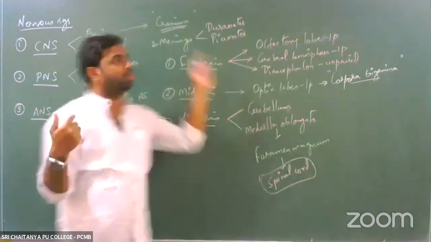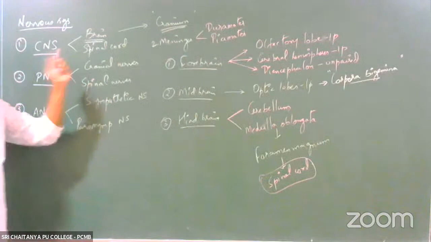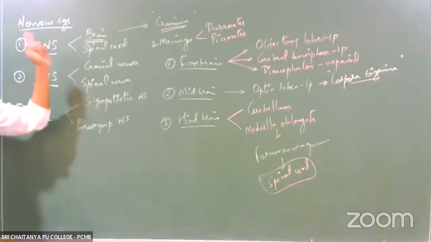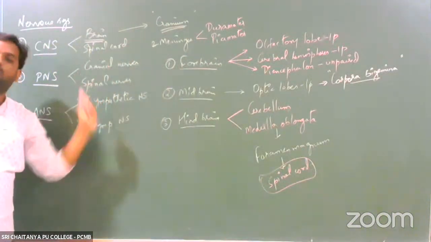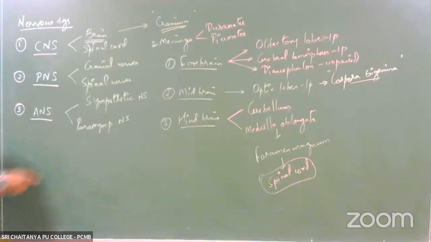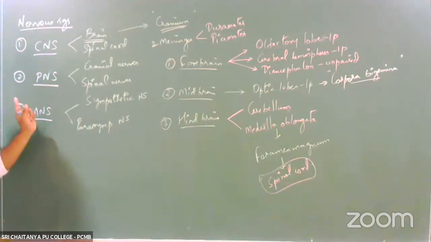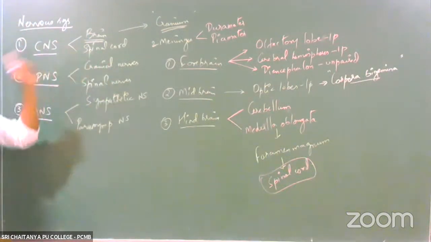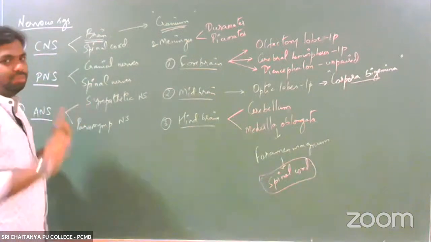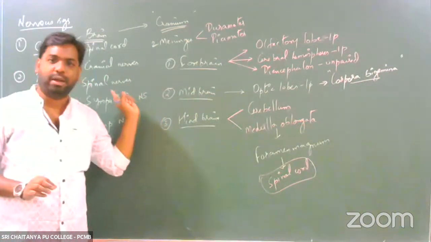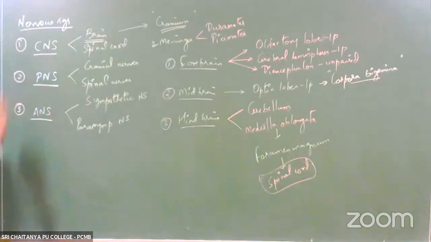The brain and spinal cord together bring about control and coordination, along with the cranial nerves as well as the spinal nerves, which arise from the brain and the spinal cord. As I already mentioned, they have 10 pairs of cranial nerves. So this is what we have in the nervous system part of it.